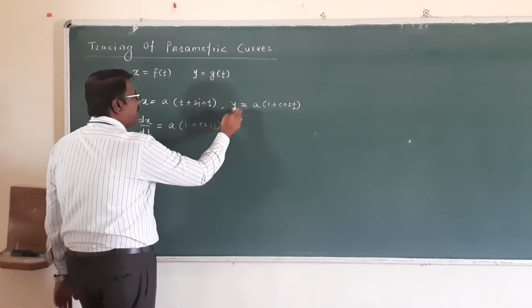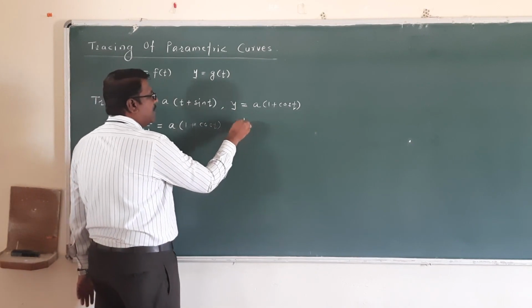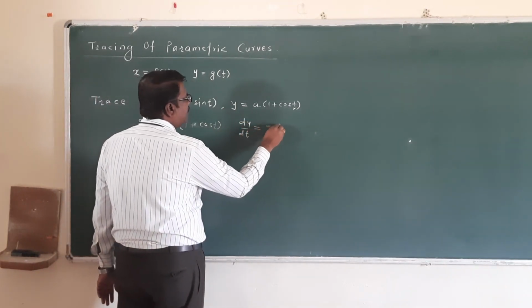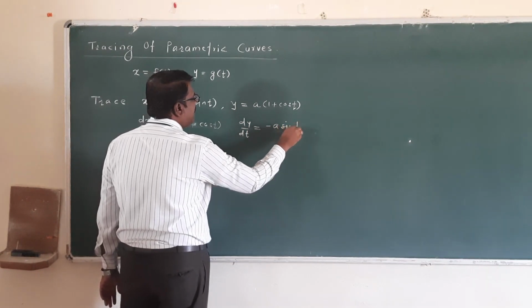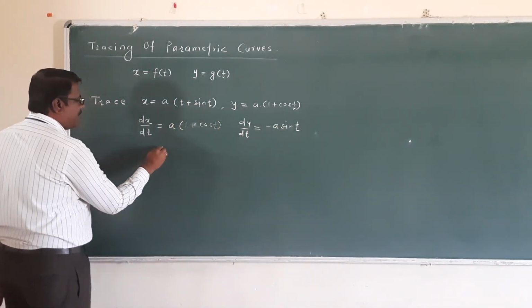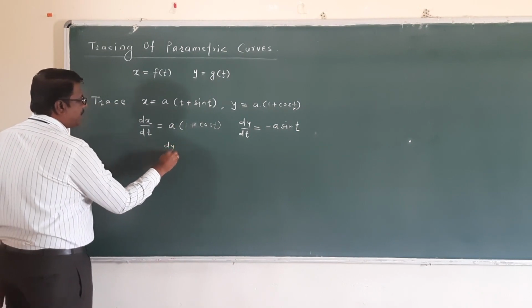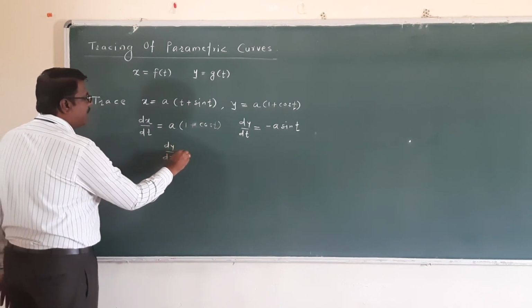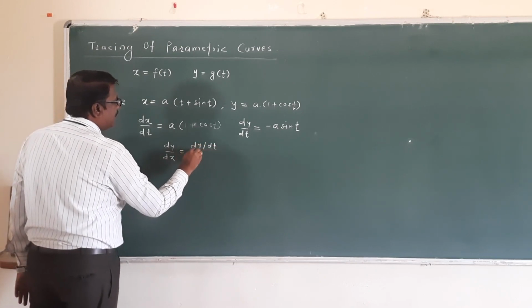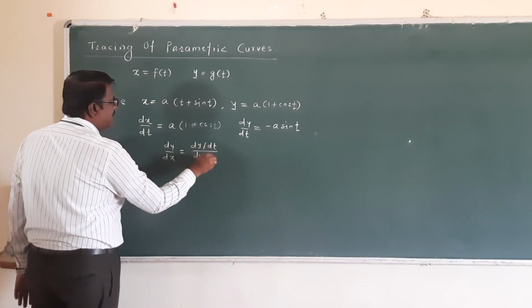Then differentiating y with respect to t, we get dy by dt equal to minus a sin t. From these two derivatives we can obtain dy by dx, which is dy by dt upon dx by dt.